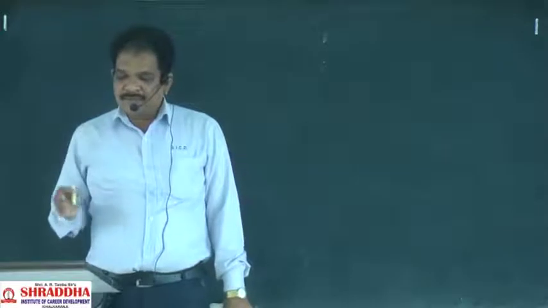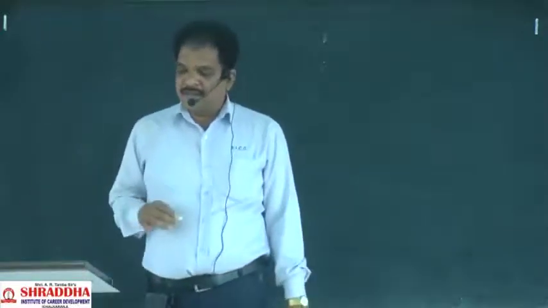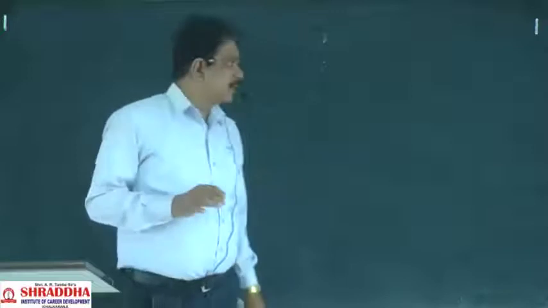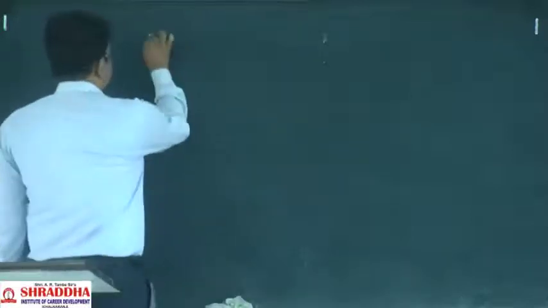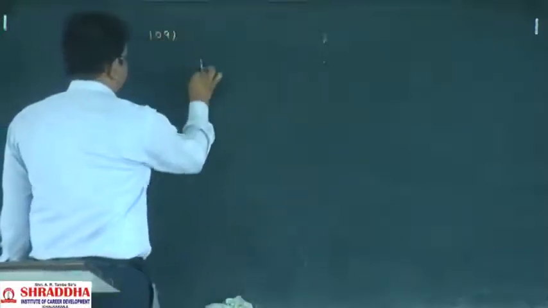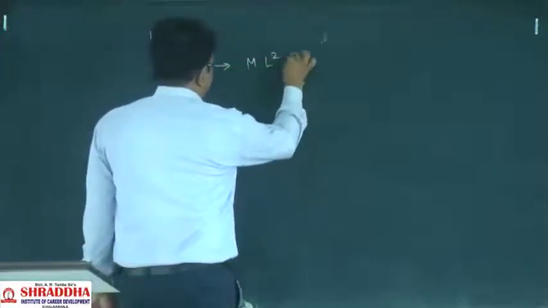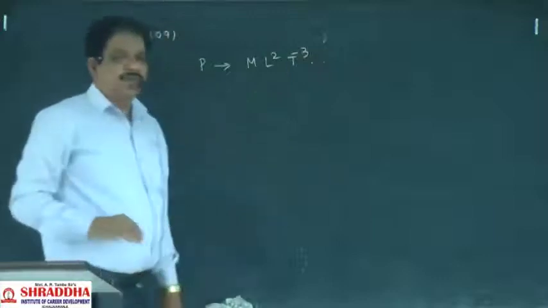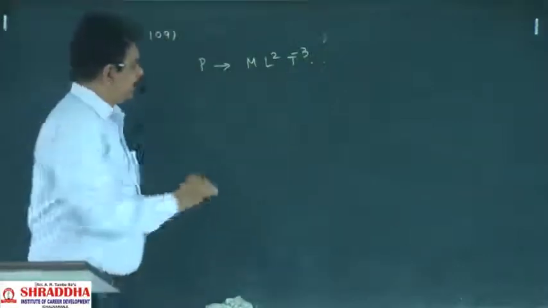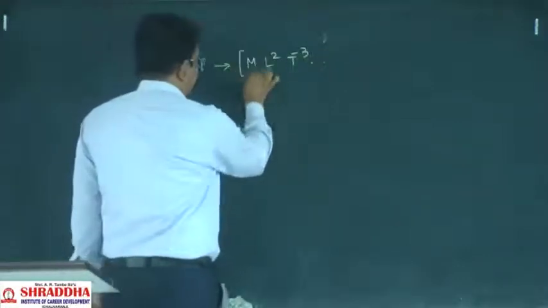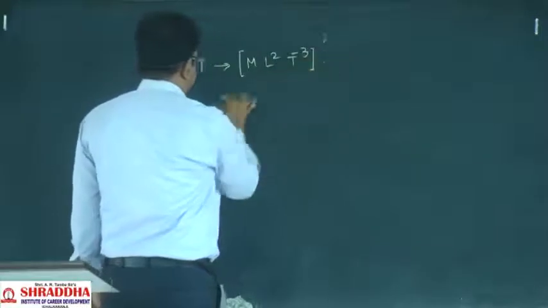So, power is there, surface tension is there, Planck's constant is there. Power dimensional formula is what? P is equal to mL square T power minus 3. That is the dimensional formula for power.